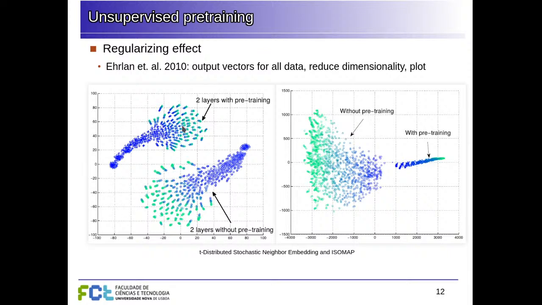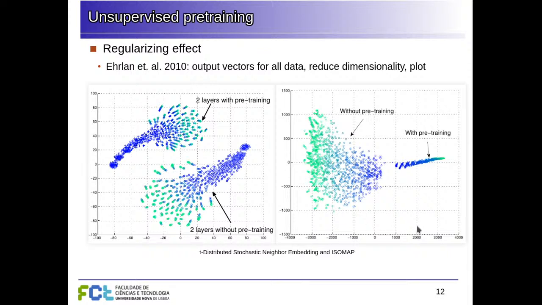So this is a manifold projection with t-SNE, t-distributed stochastic neighbor embedding, which tries to preserve distances in the neighborhoods, but not outside the neighborhood. So basically, it favors the probability of finding the same neighbors in the original high-dimensional space and in the projected space. So here we can find networks that had a similar trajectory in the parameter space represented close together, while others with different combinations of parameters can be further apart.